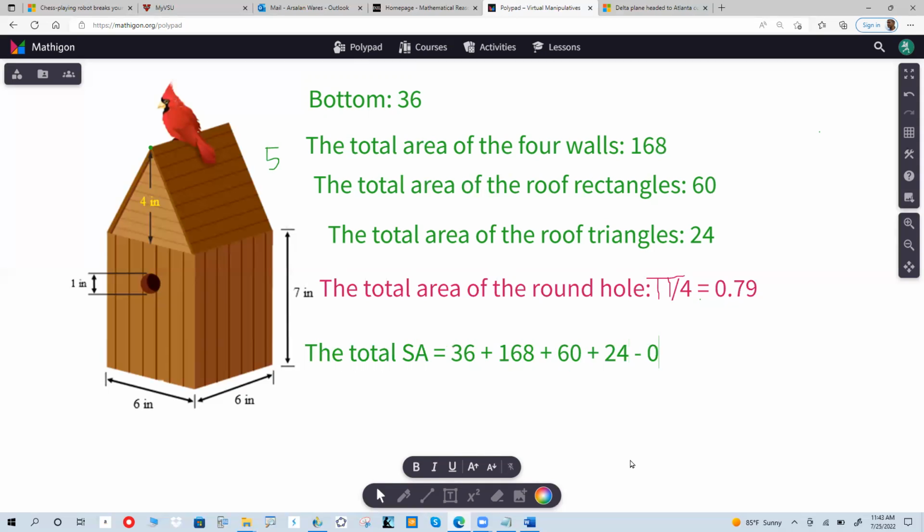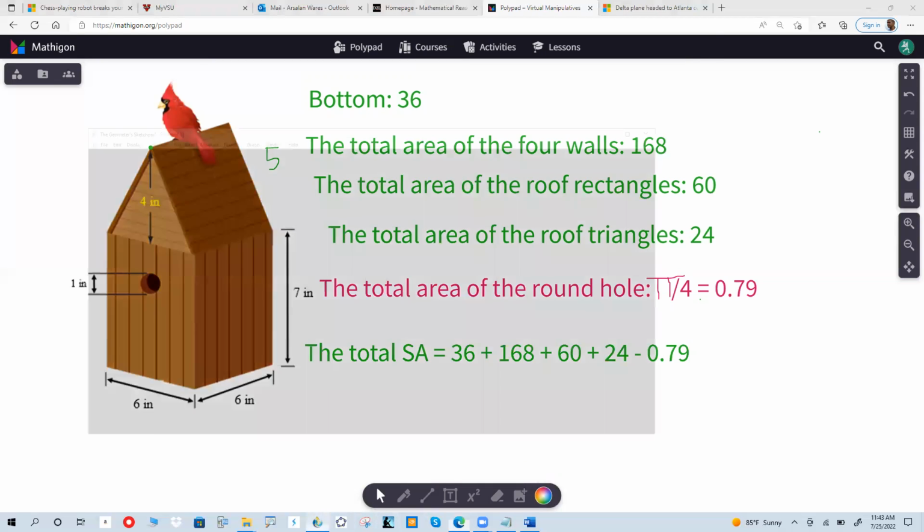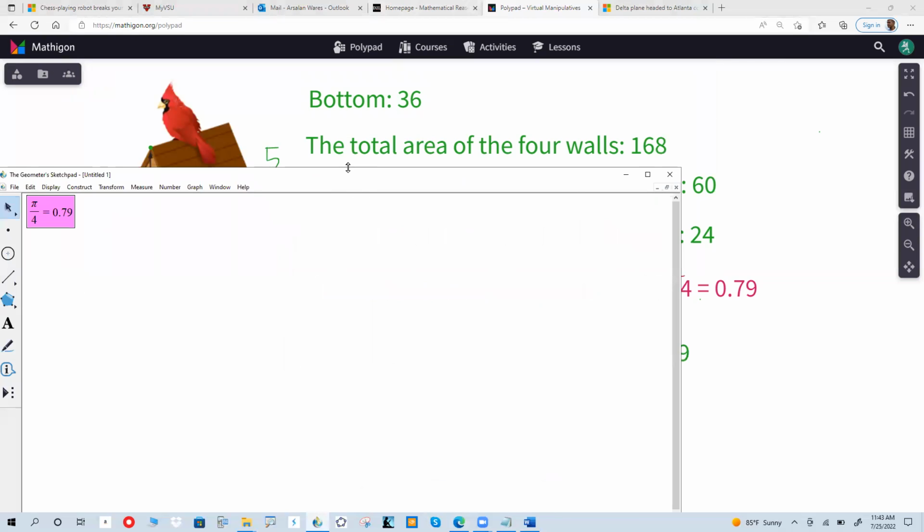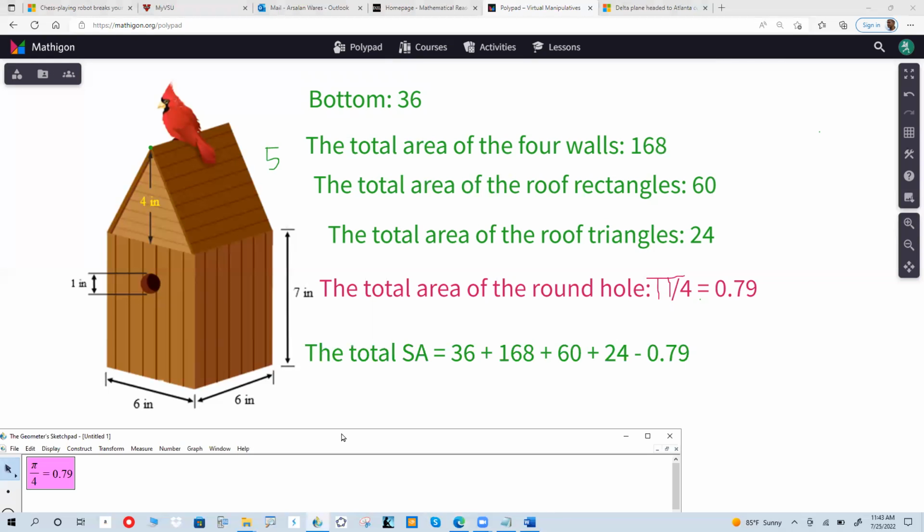Careful, and you have to minus 0.79. 0.79 is simply pi over 4. Now, let's go ahead and add it. And yeah, I will have to check my answer for sure. So hopefully my answer matches.